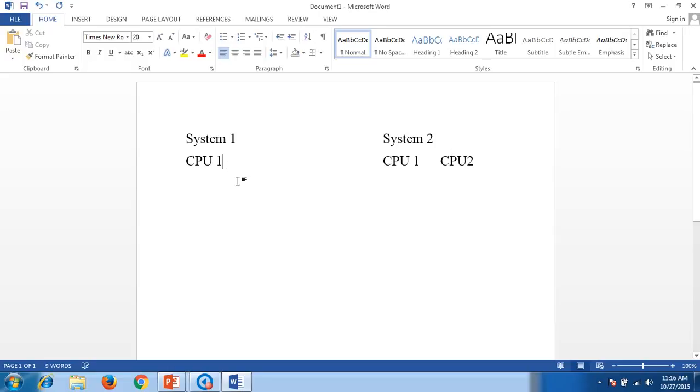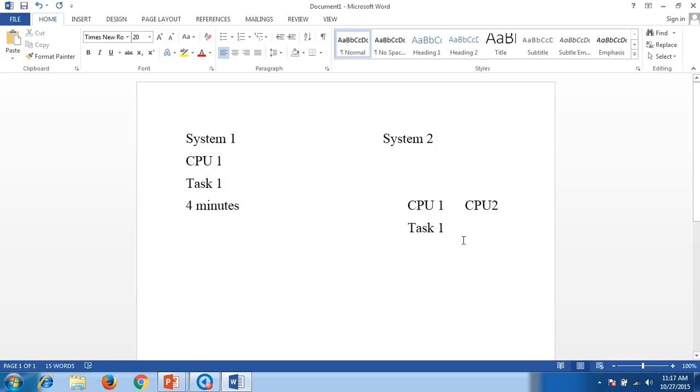So one task, task 1, is given to system 1, and then we give the same task to system 2. We assume that system 1 is completing this task in 4 minutes. So how much time will system 2 take? Because this one has one CPU, and this one has 2 CPUs.